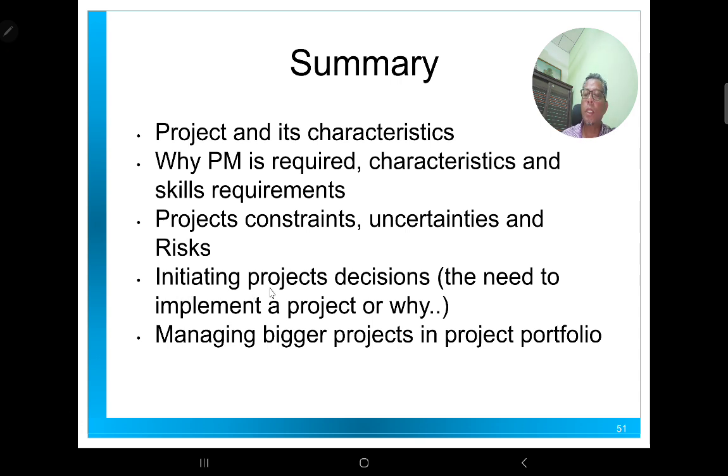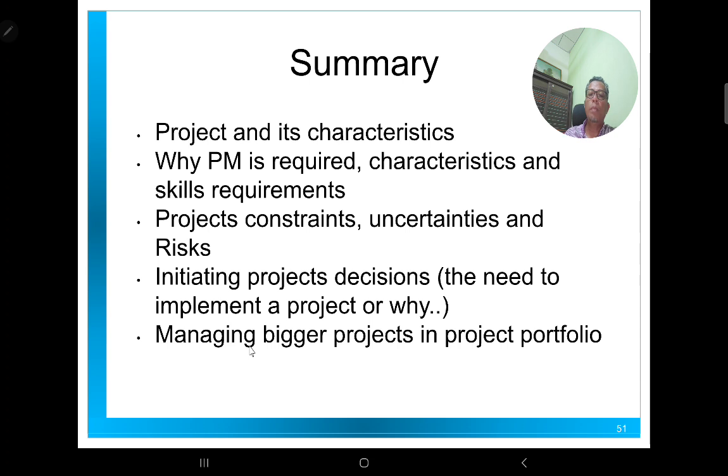Initiating the project decision is very important, or the need to implement a project, or why it is needed. So make sure that the scope of the project is clear and the objectives of the project are clear, so that it will not affect the project implementation or execution.